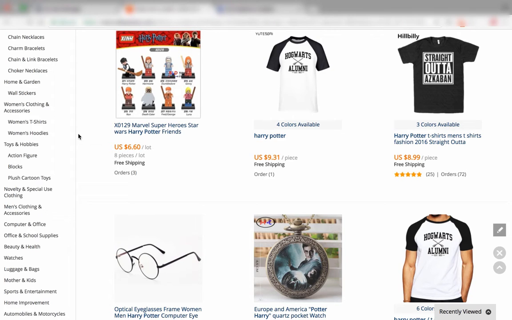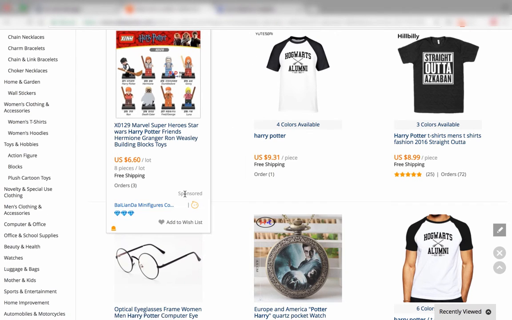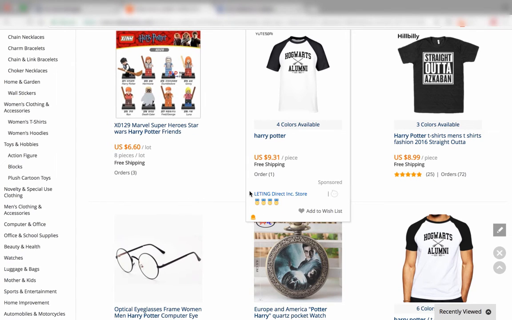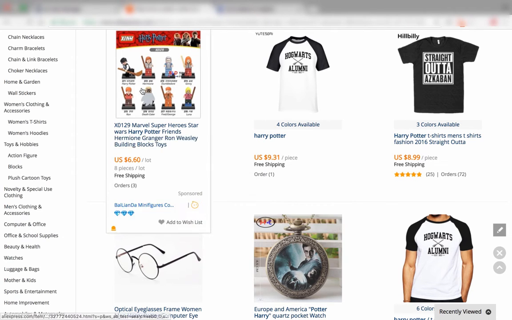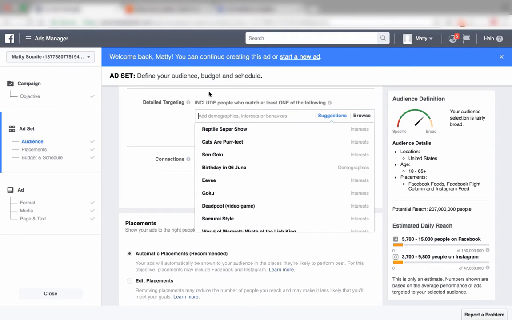We don't wear T-shirts that say Hogwarts alumni or Straight Out of Azkaban, and we don't wear Harry Potter pendants. If you're showing someone like me your Facebook ad, you're wasting your money. So I exist in a broad audience.